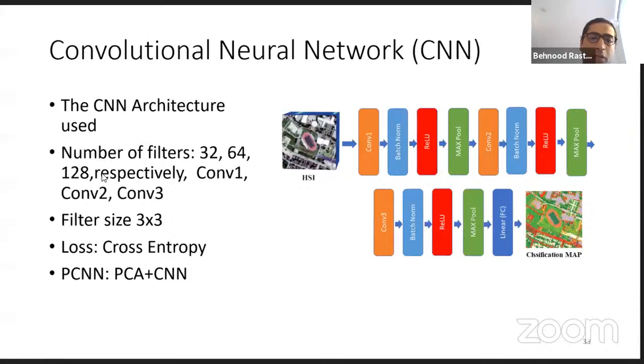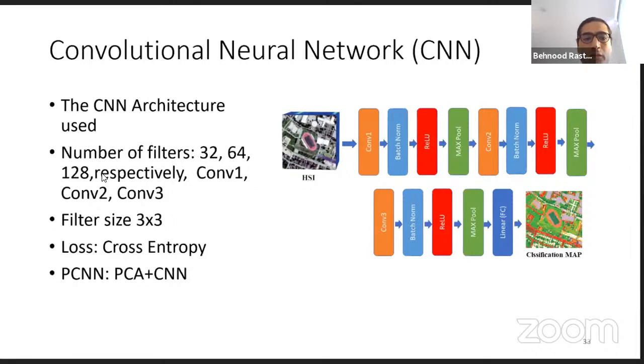Okay, let's move on with the convolutional neural network that we used, and this is the architecture. There are 3 levels of convolutions, and then we use batch norm, ReLU activation function, max pooling, and then again another layer, and finally another layer, and then a fully connected layer.